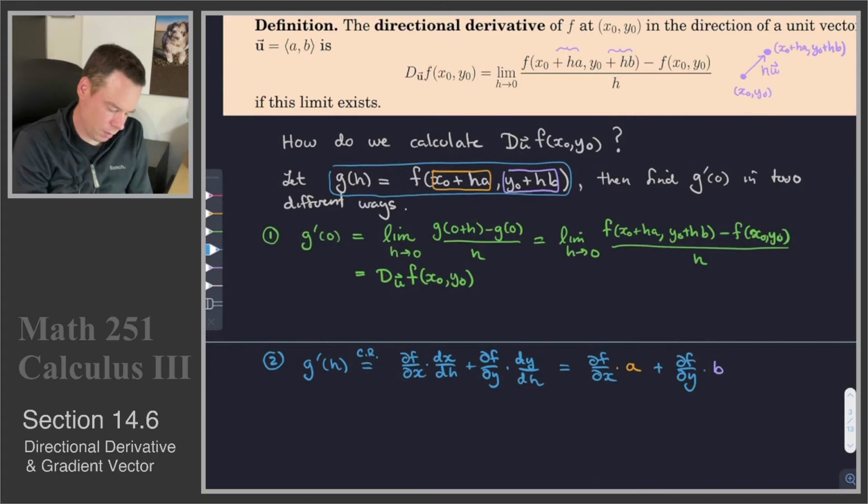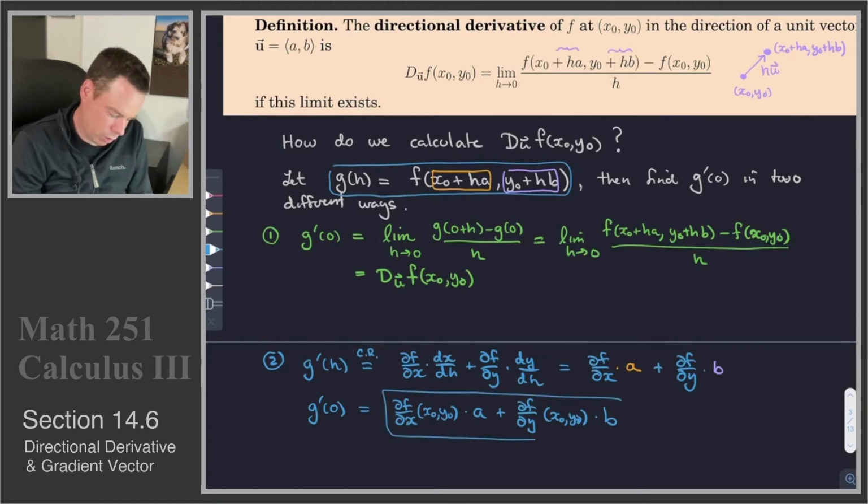So what we have here is that when I specify it precisely at the moment when h is 0, the derivative is going to be the partial derivative of f with respect to x at the point we are interested in, (x₀, y₀), times a, plus the partial derivative of f with respect to y at (x₀, y₀), times b. And so there's an alternate expression for the derivative g'(0).